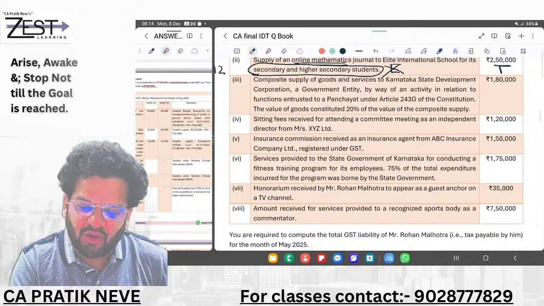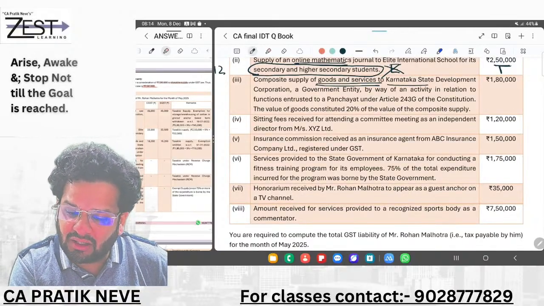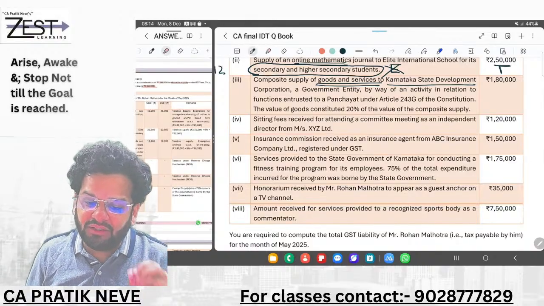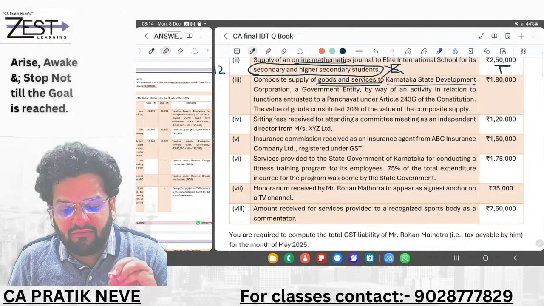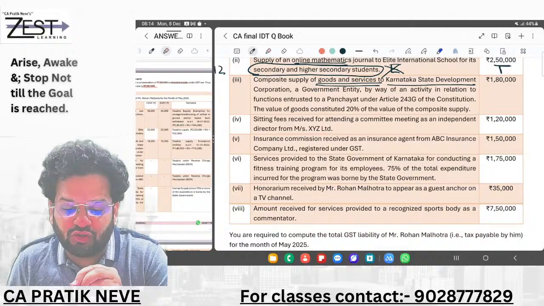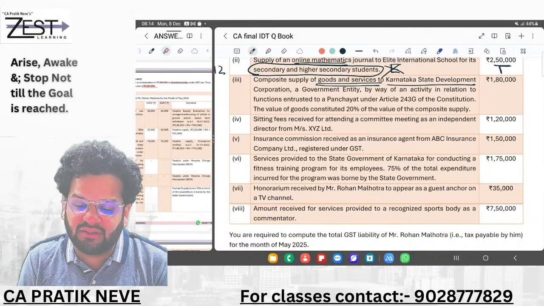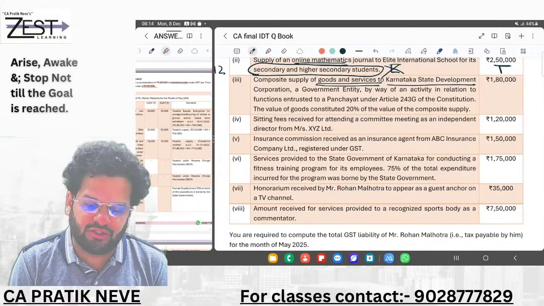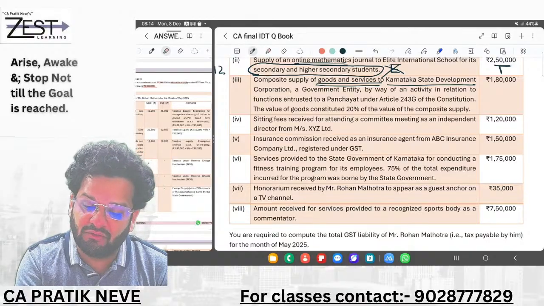Next, composite supply of goods and services to Karnataka State Development Corporation, a government entity, by way of an activity in relation to functions entrusted to Panchayat under Article 243G of the Constitution. The value of goods constituted 20%. Very good.